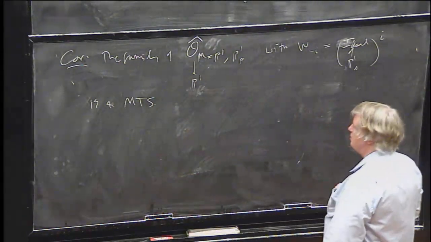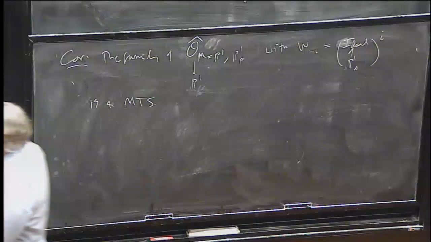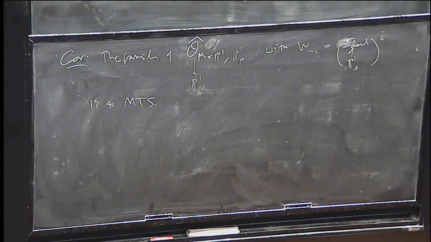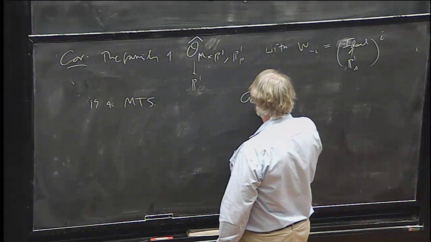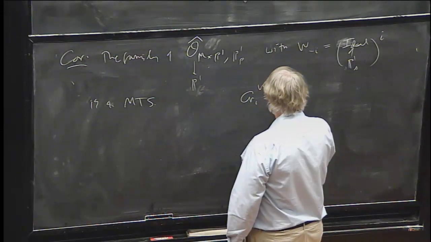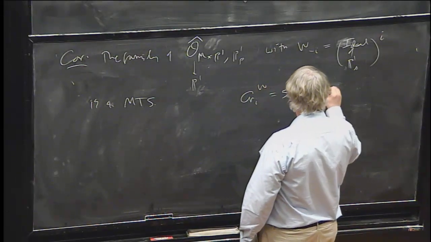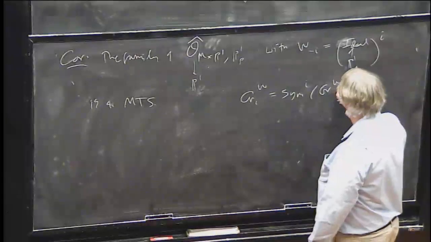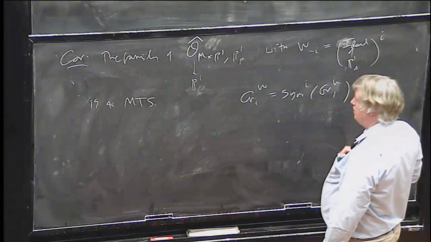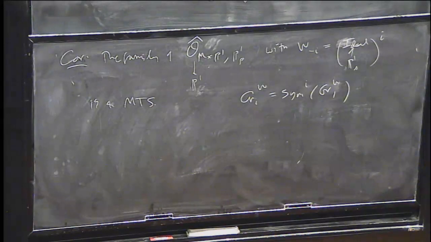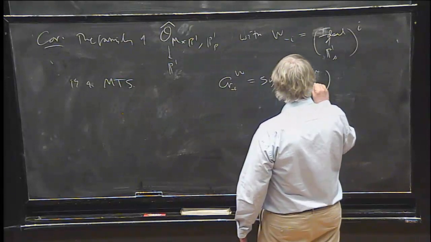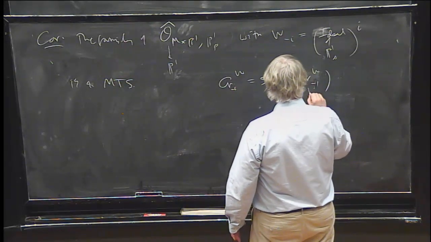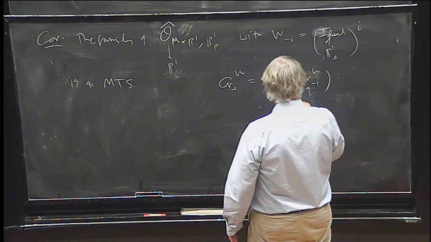This is actually completely immediate from this property in this case, because really the Gr W is just Sym of the Gr W1. The Gr W1 is, let's see, maybe Gr minus 1. And this thing is the dual of the normal bundle.